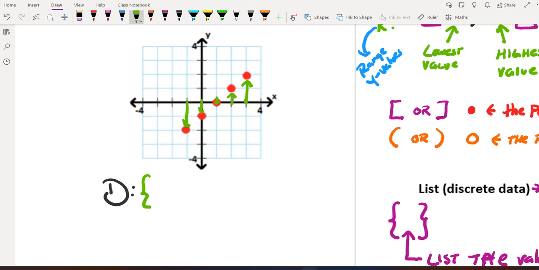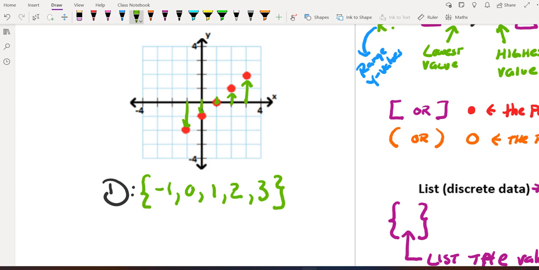So I write down -1. Comma, I go to the next point. The x value here is 0. I write down 0. Then I go over to the next one. The x value here is 1. So I put down 1. Then I go to the next one. Oh, sorry, the 2. Then I go to the 3. And once I've got everything listed, I end it with a curly bracket again.